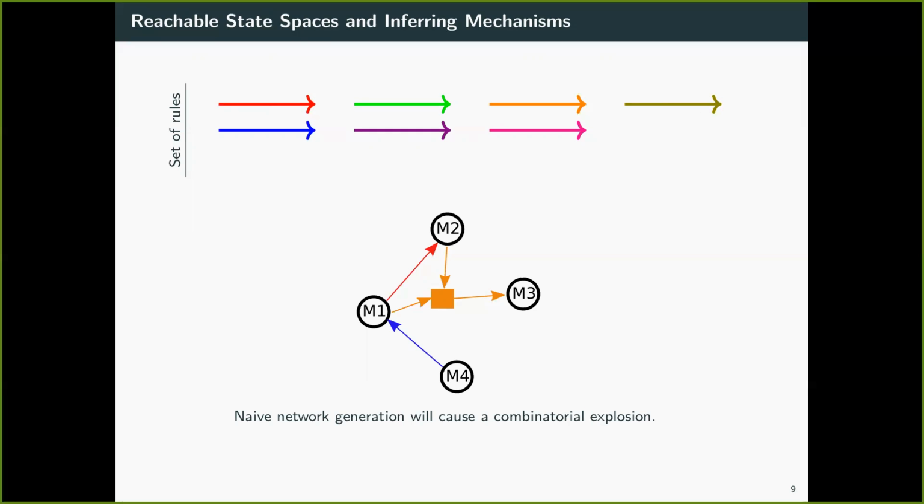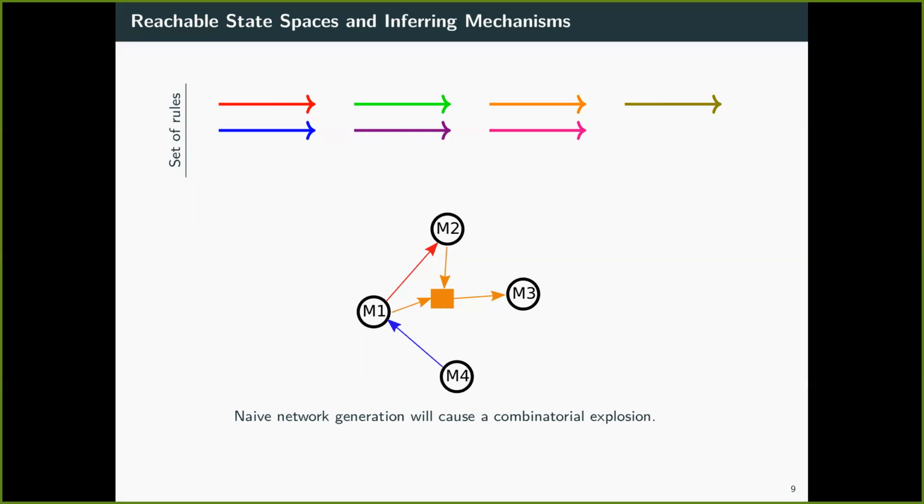What I mean by this is, imagine that M1 is a reactant and M2 is one of its derivatives. Well, then we know that these two molecules will never be able to exist at the same time, and therefore they will never be able to combine to create the orange rule that we see here that constructs the molecule M3.